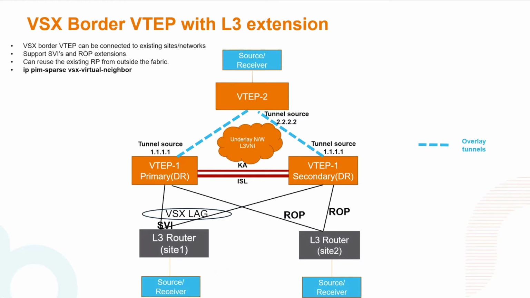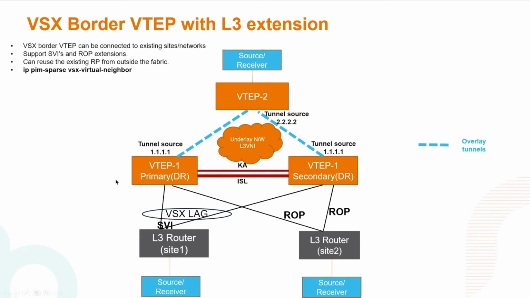This is again the VSX case only, but what I am showing here is that you can extend the VTEPs with an L3 extension to another site. Earlier, in the previous slide, I showed an L2 extension where servers and receivers are there. Now this is an L3 extension.